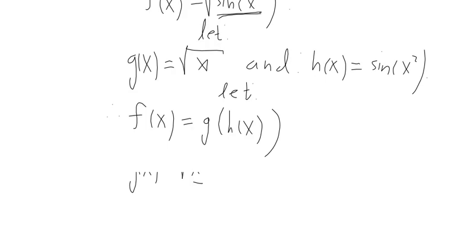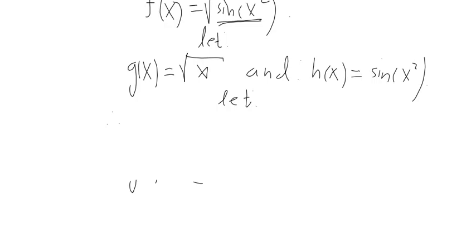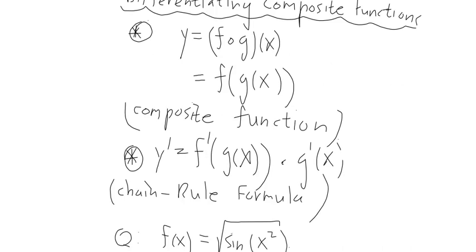I'm going to erase this for now because if we look at our formula, we need to determine what our g prime is and our h prime, because we're following the chain rule formula that I drew earlier. The only difference is we've defined the variables differently, but it's the same thing. It doesn't matter what I call f, g, h, whatever.